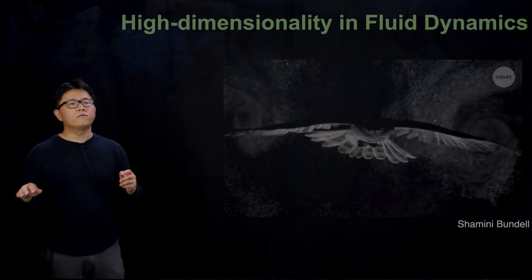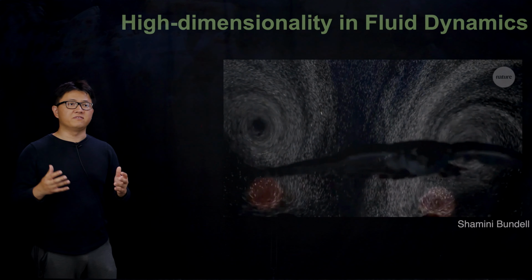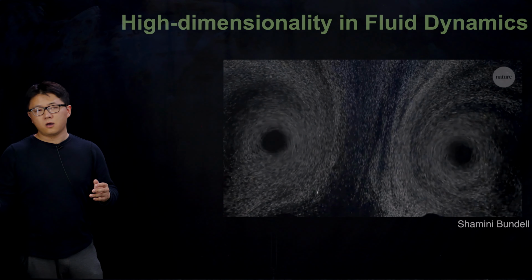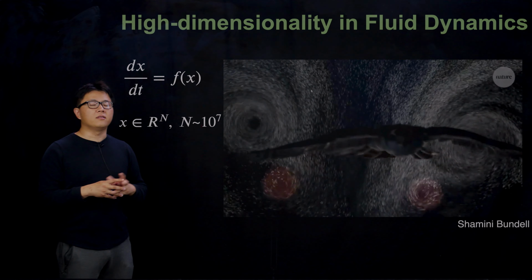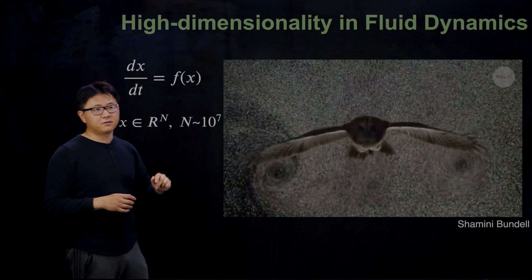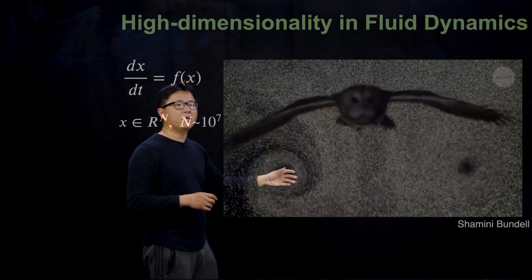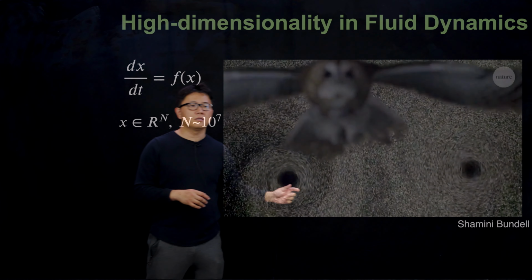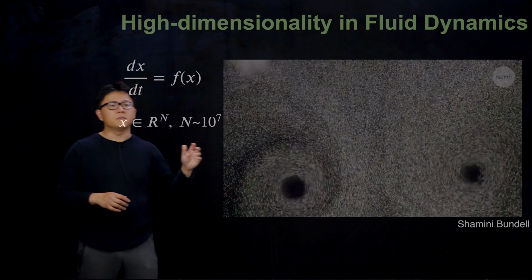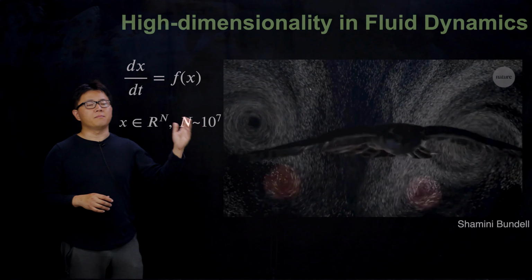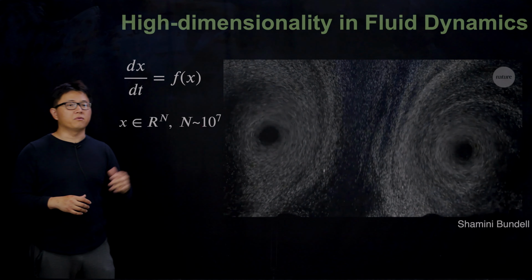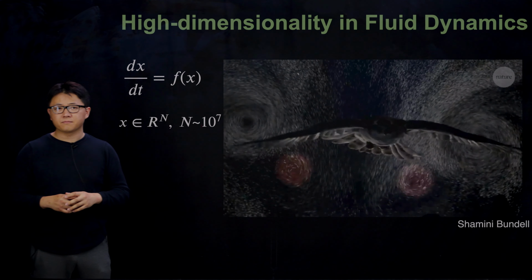If we view fluid dynamics as some kind of dynamical system, we will end up with a nonlinear dynamical system like this. Because you can see there are so many illuminating particles over there, this system would end up with really high dimensionality, for example, around 10 million.